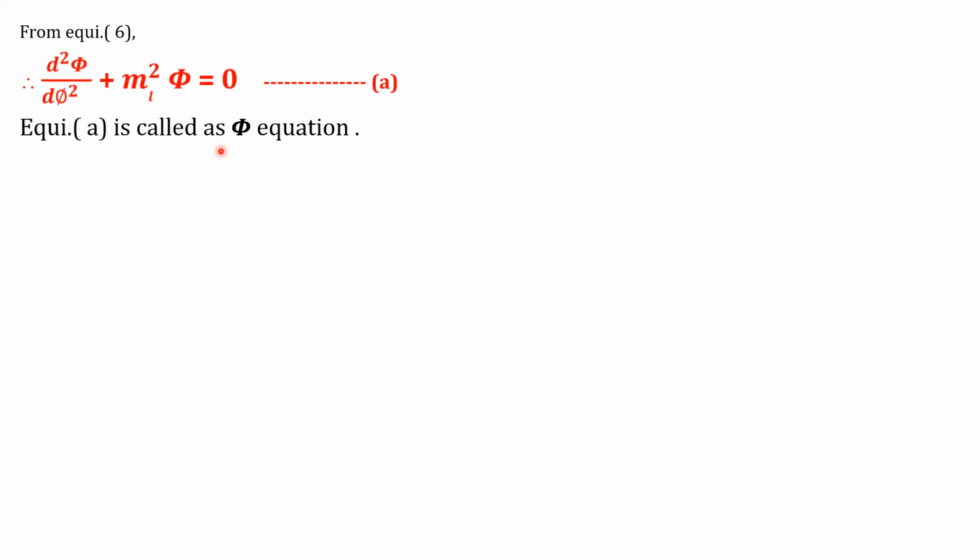Now the two independent terms are remaining, r and theta. These two terms we also separate here by using equation 7.